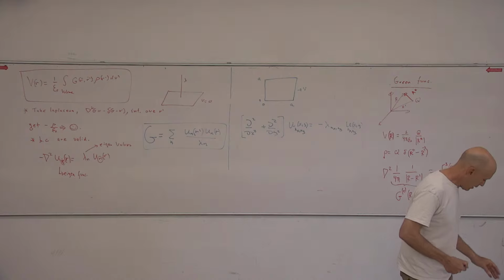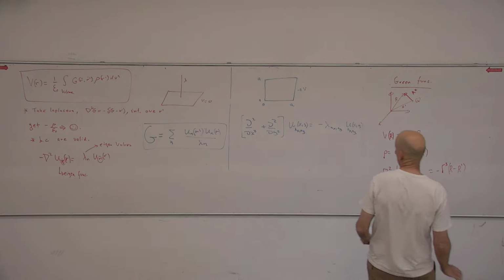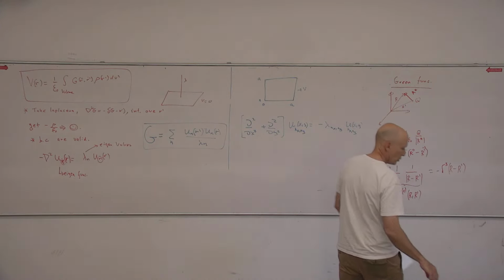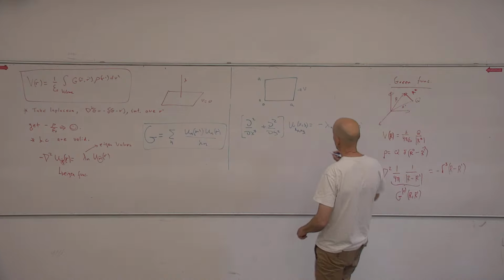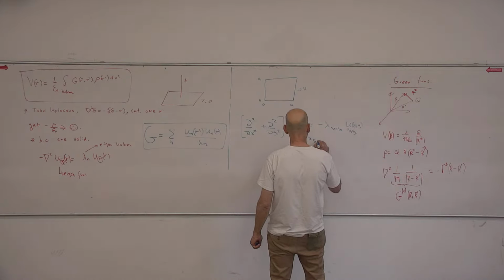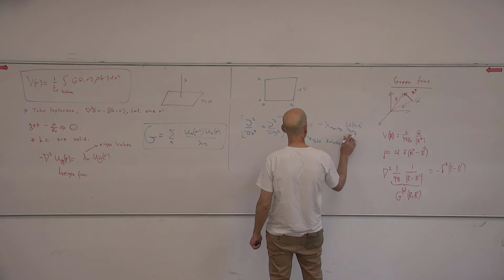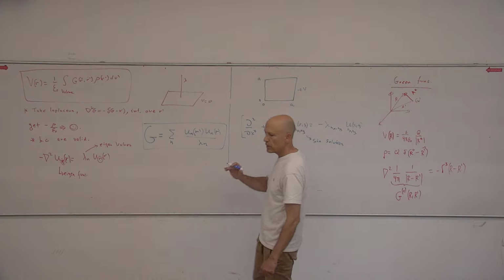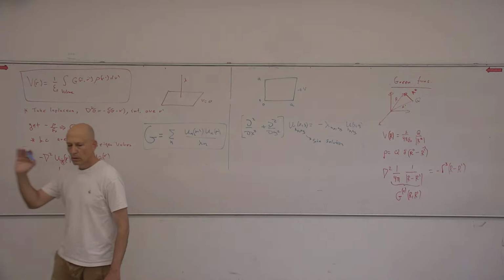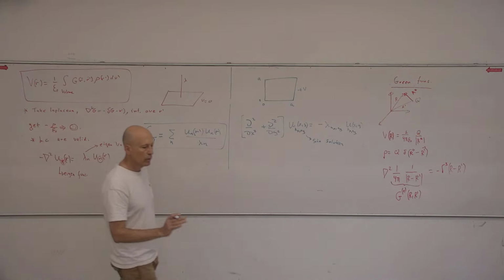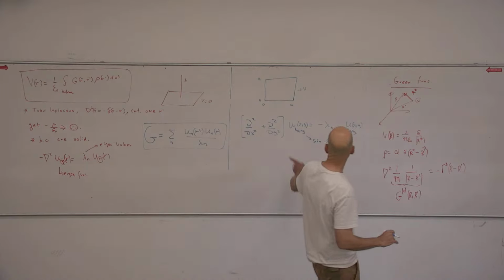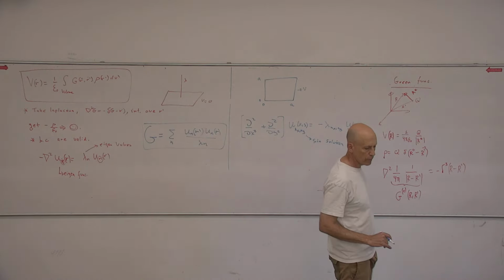So the solution is trivial. So these are sine solutions. The quantization of nx and ny, these are numbers 1, 2, 3. How do they appear? Because of 0 on the boundary.